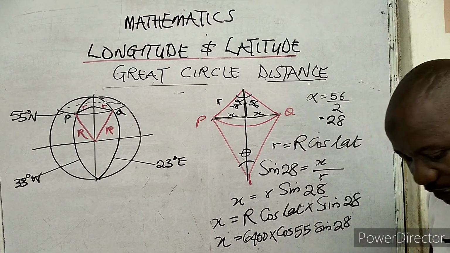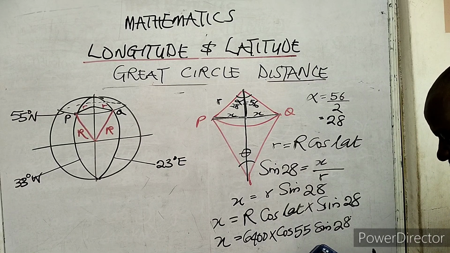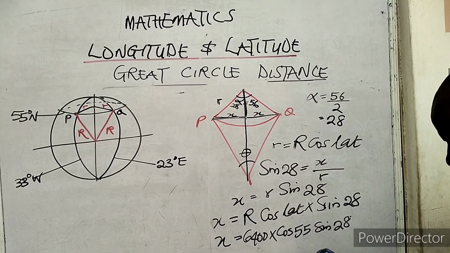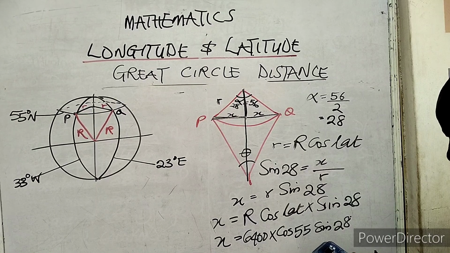So if I now take this, I will have 6400 times cos 55 times sine 28.